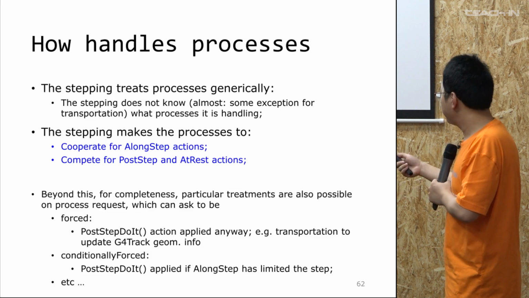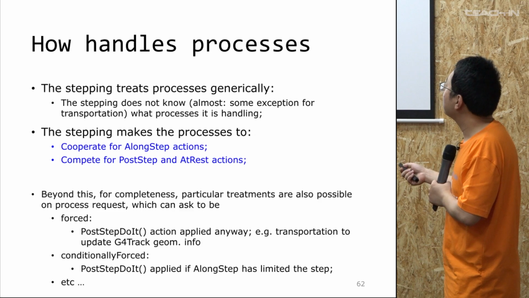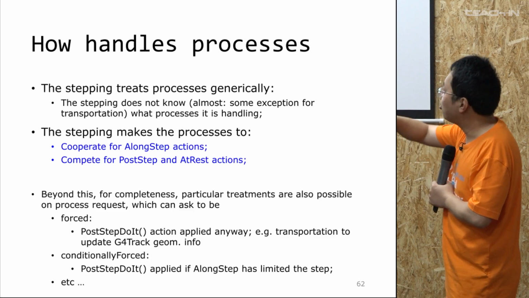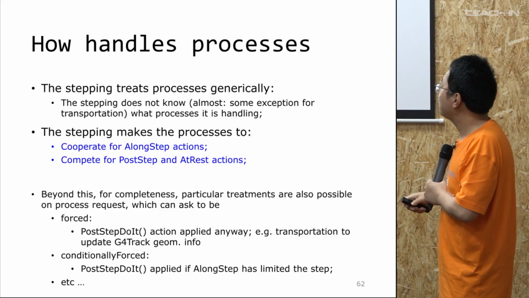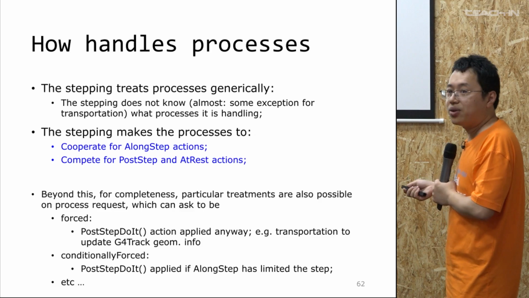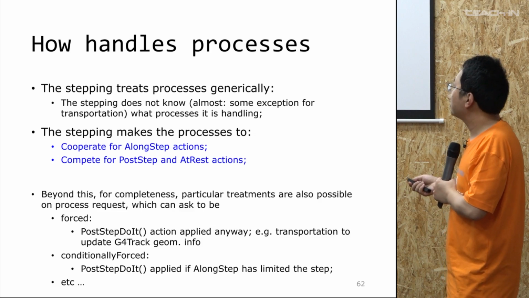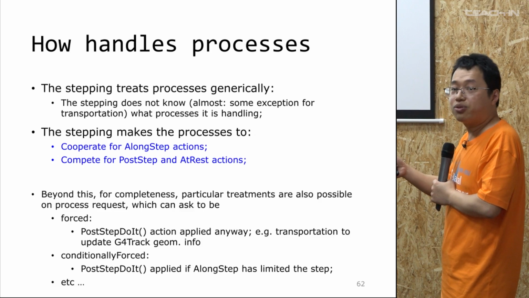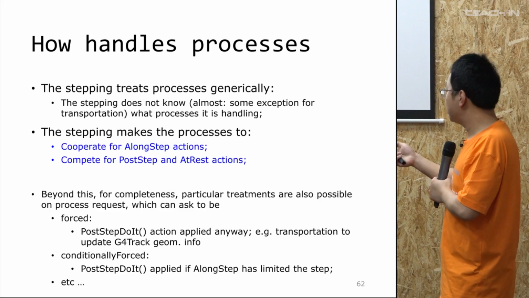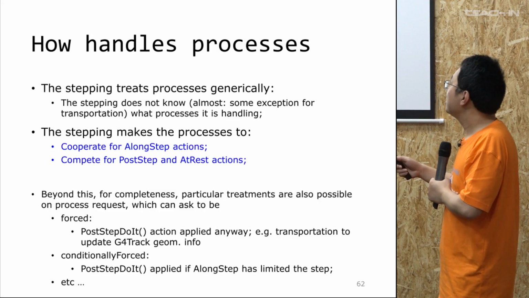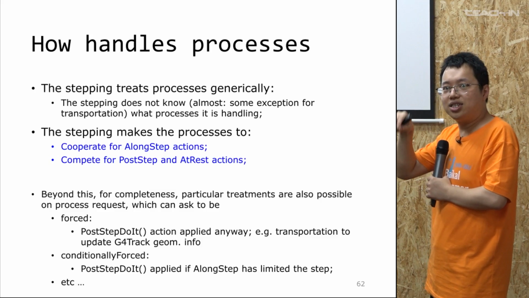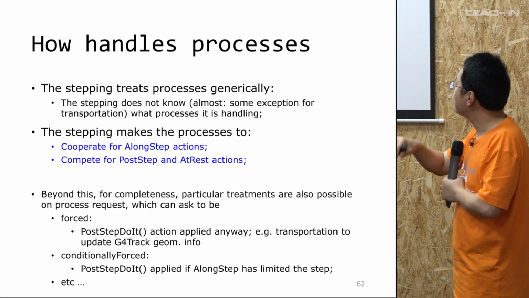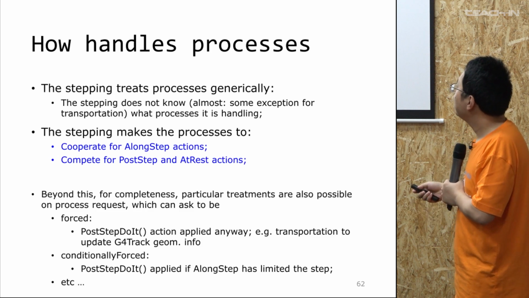For example, for the along step action, it will try to cooperate, so it will invoke all these along step actions. But for the post step or the at rest action, because only one physical process will happen, there is a compete. So Geant4 needs to know in this step which process will be invoked.